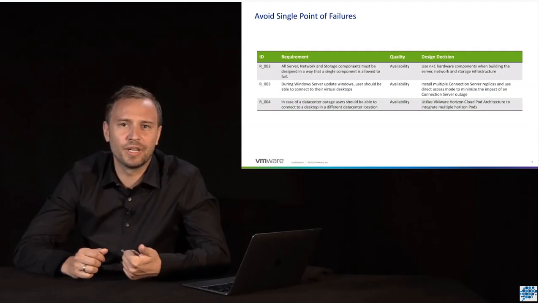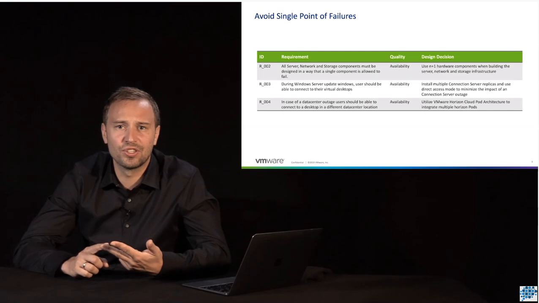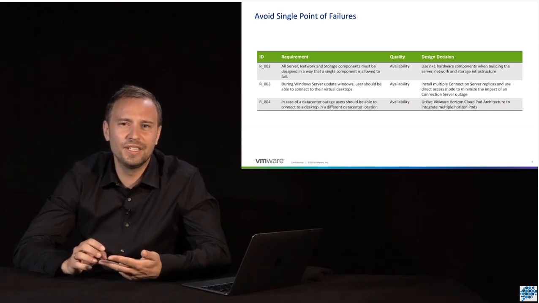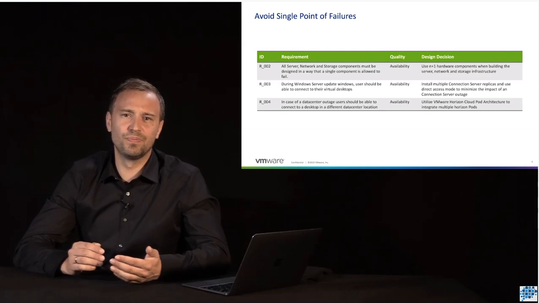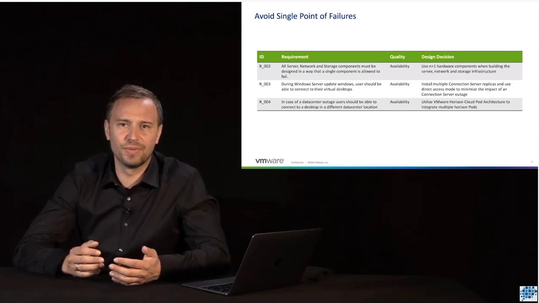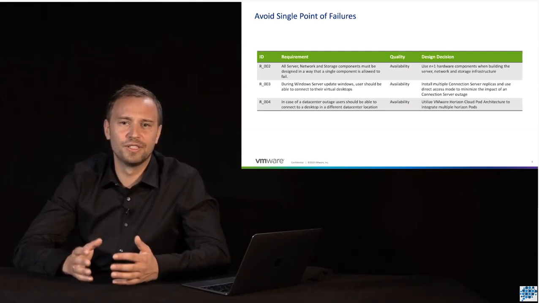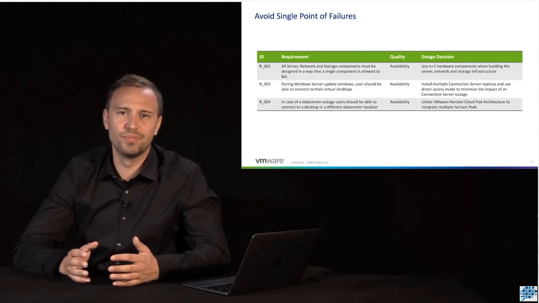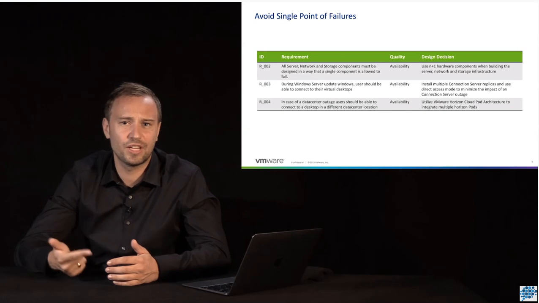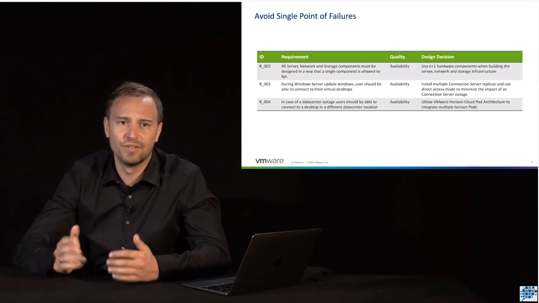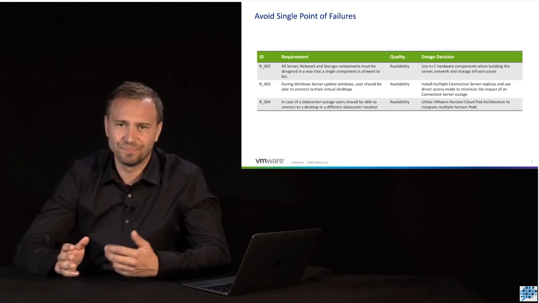A network adapter, a switch, or a server should not interrupt the overall service of our environment. So we need to size the environment in a way that we fulfill this requirement. That is really important for all components within our infrastructure: storage, network, compute.